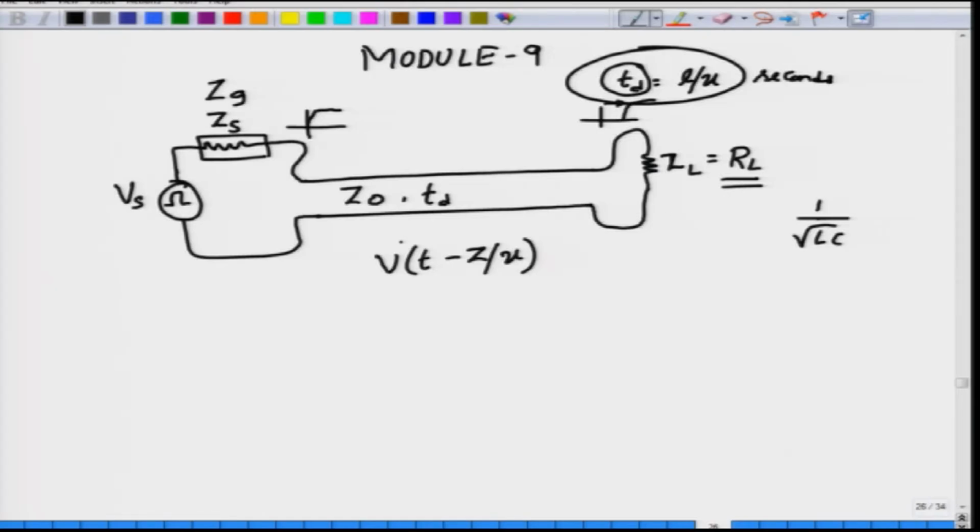Okay. So, if at all this load were to be moved all the way to infinity, then there will only be a positively travelling voltage, which would be a function given by t minus Z by U, and at any plane Z equal to L, this would simply indicate that the waveform is delayed by a certain time Td given by L by U.